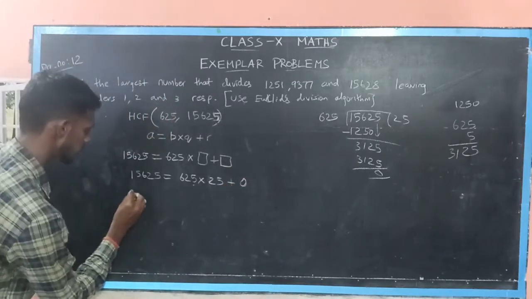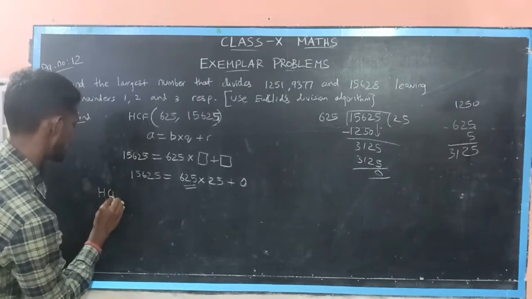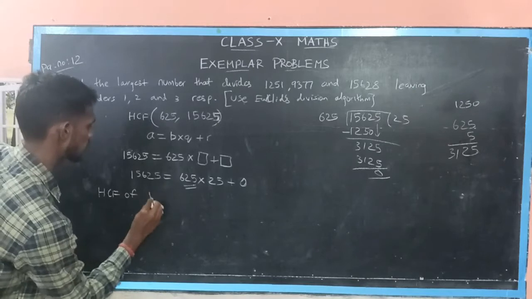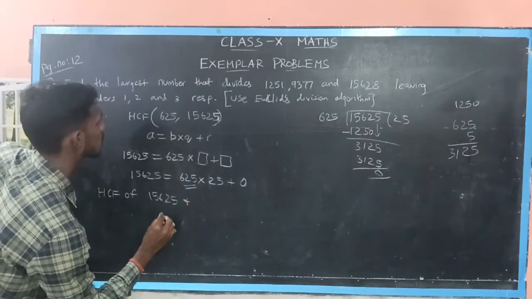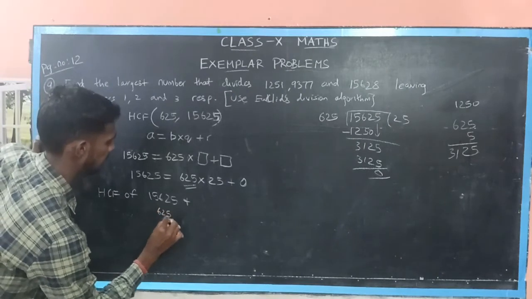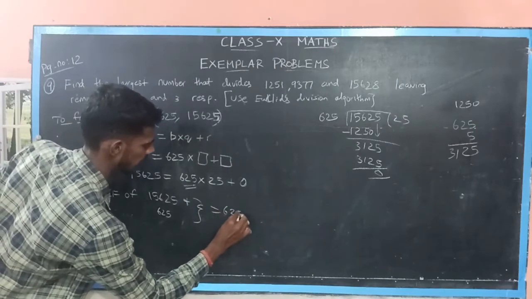Here, the last obtained B value is 625. So, the HCF of these two numbers is 625.